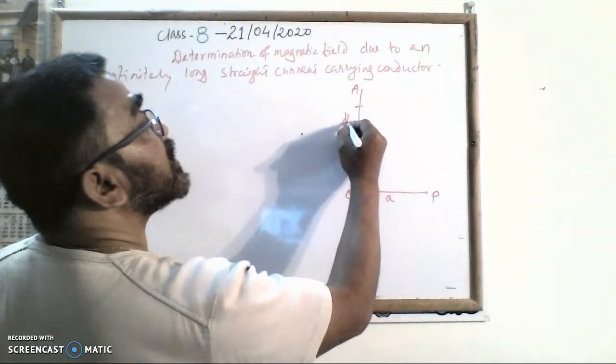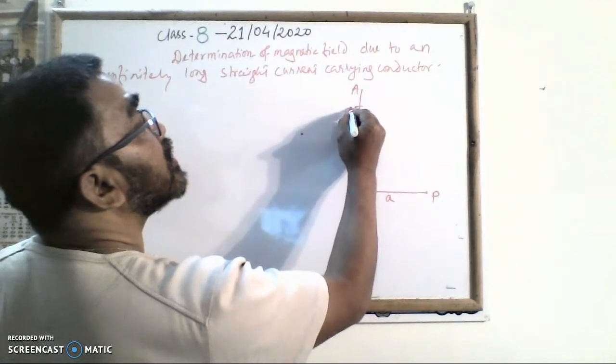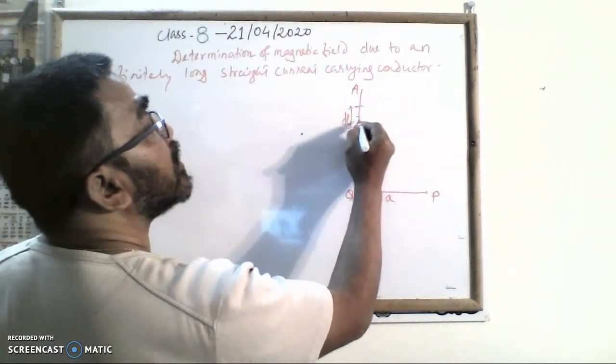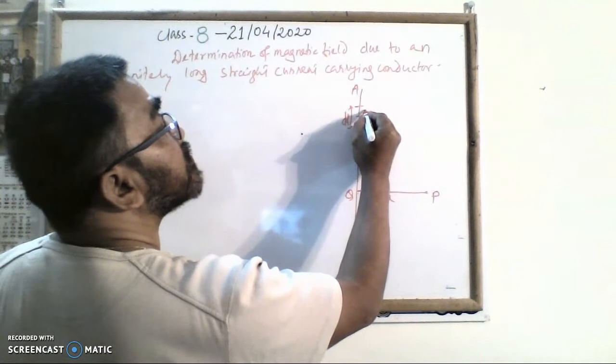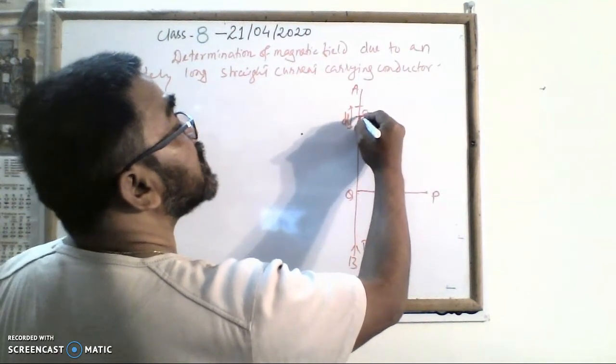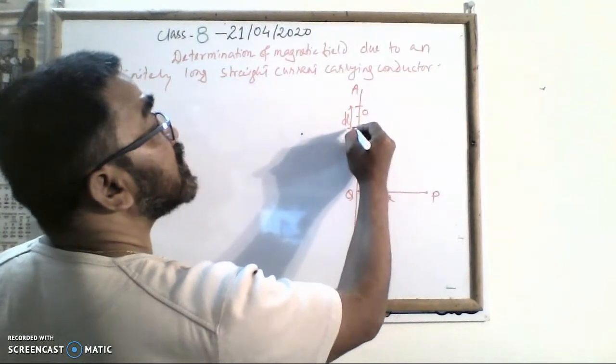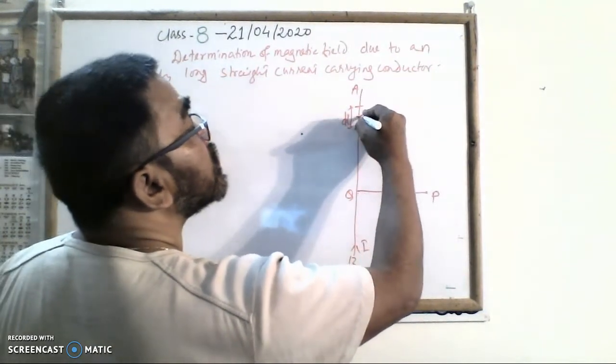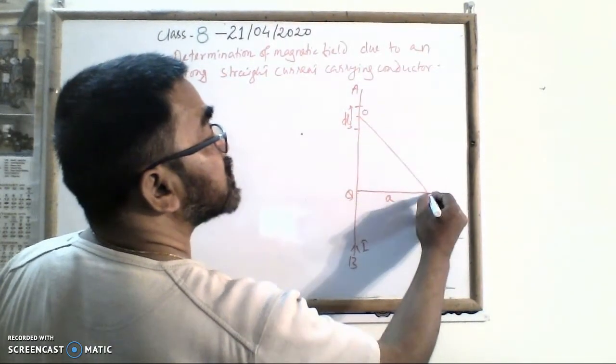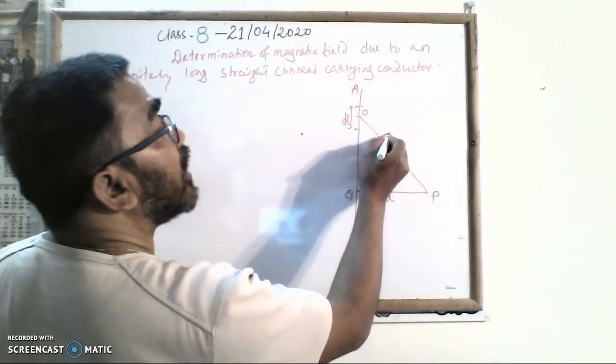an elementary length dl, and from the center O of this elementary length dl, we draw a position vector r vector.